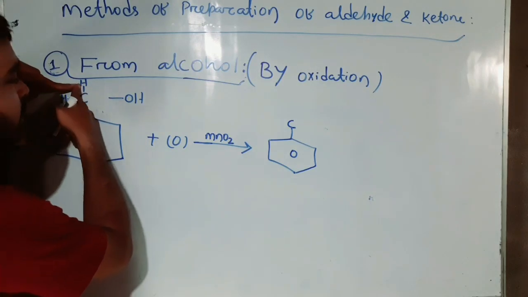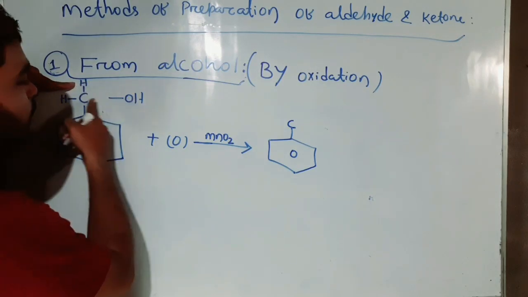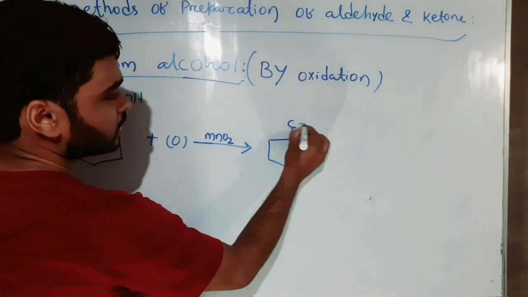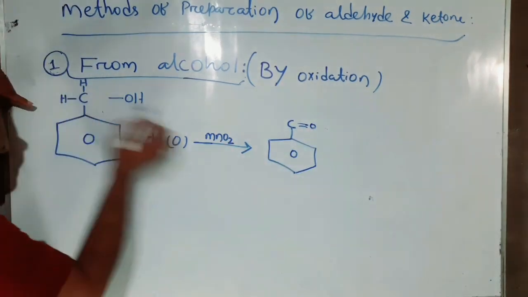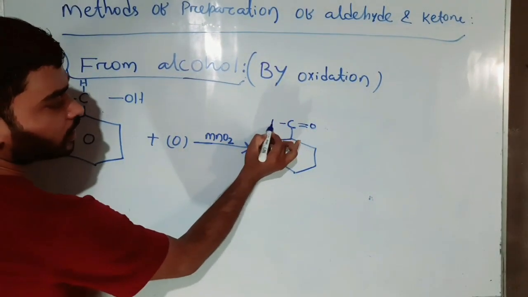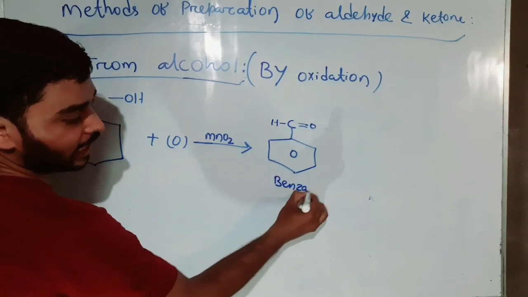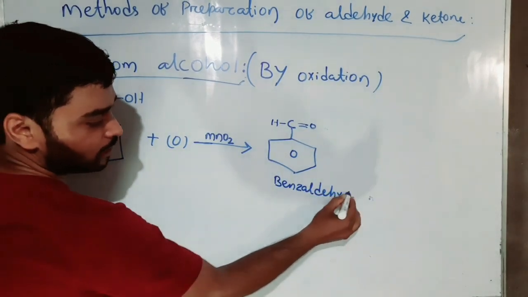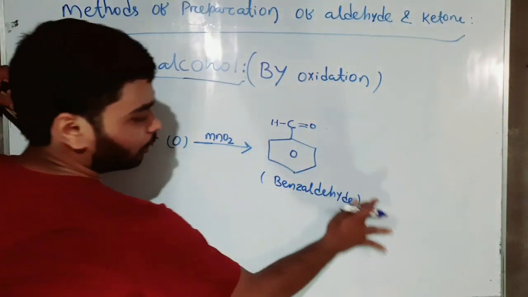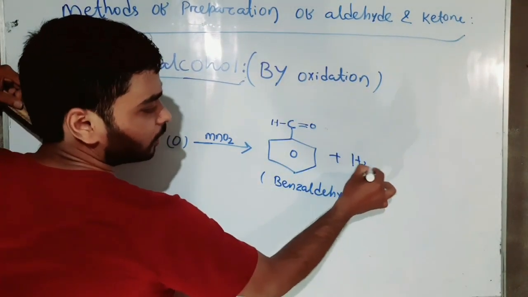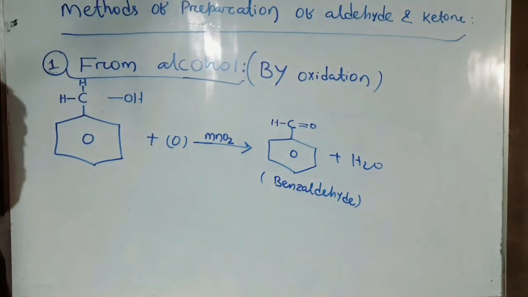So OH and H will be removed. So C double bond O will be here and the hydrogen will be here. So it is the CHO you can mark, and the product will be benzaldehyde, as it is a primary alcohol containing organic compound, and it will result in the formation of the byproduct H2O.